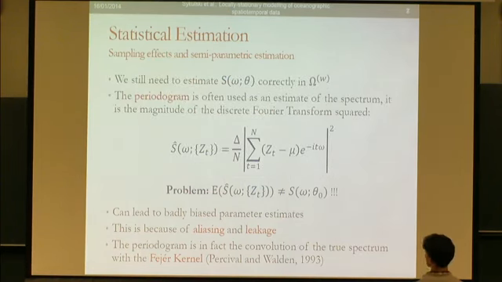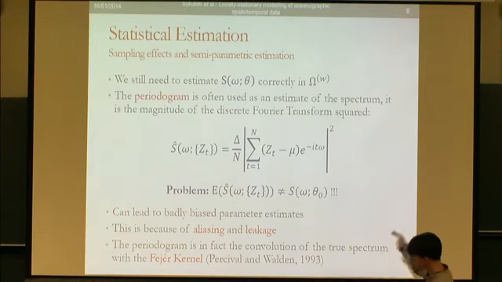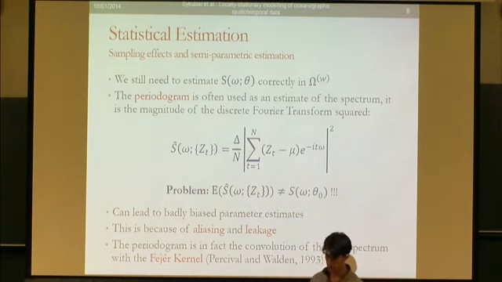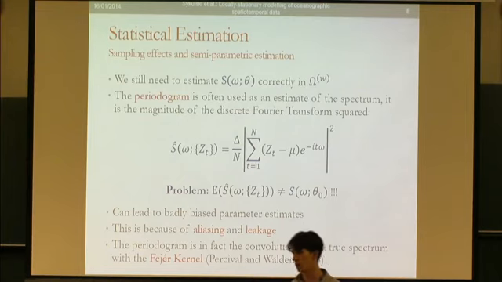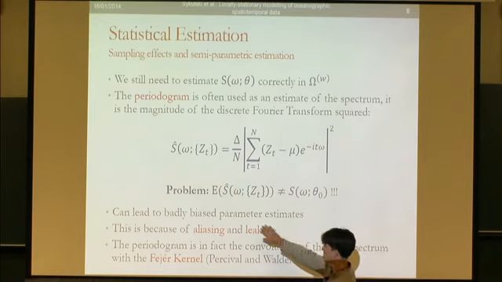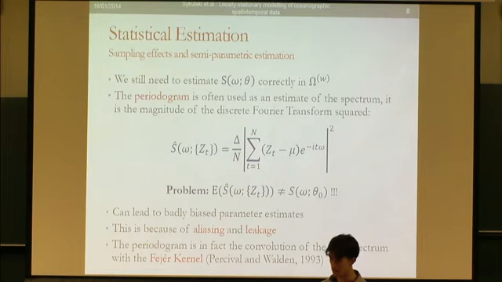There are still a few problems, because actually we're using the periodogram. And as many people will know, the periodogram, which comes from the discrete Fourier transform absolute value squared, has an expectation that is not equal to the true spectrum. So if we're going to use the periodogram, then this can lead to badly biased parameter estimates because of phenomena such as aliasing and leakage.